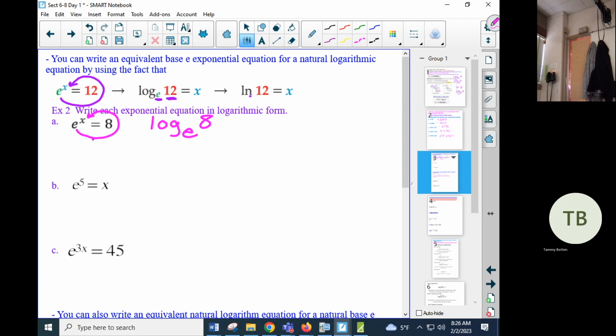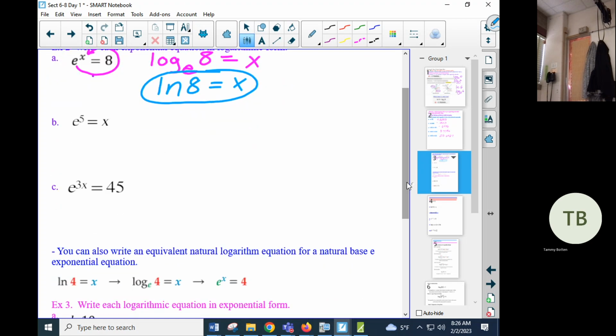The 8 comes next, that goes here. The power always goes here. Once you get that, all you have to do is rewrite it and replace log base e with natural log. And that would be your answer.